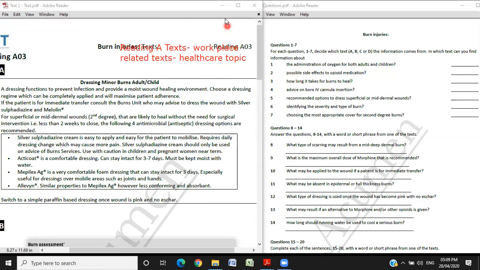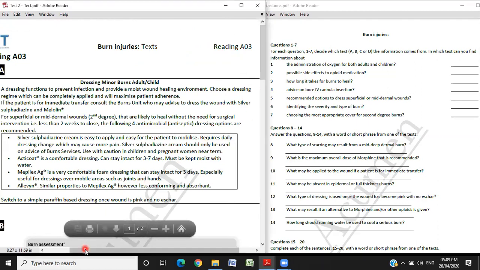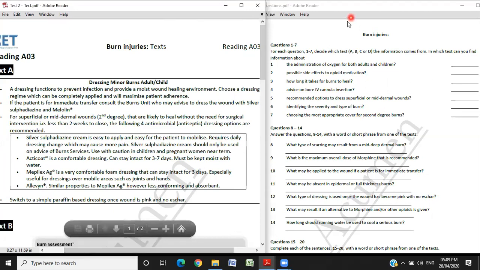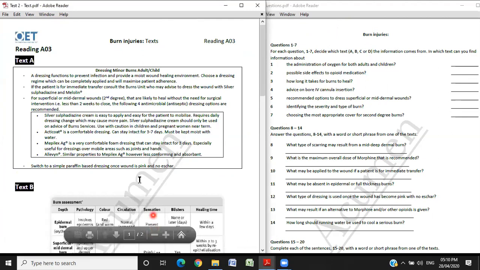This is how you will have the short text in reading part A text. Let me show you here. So you can see here text A. They are all on burn injuries.